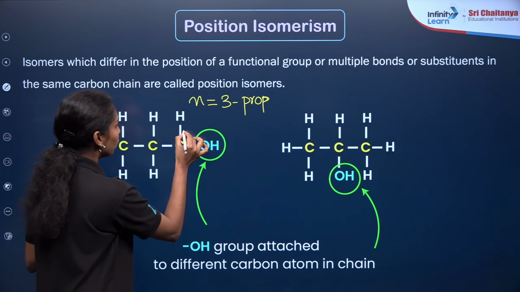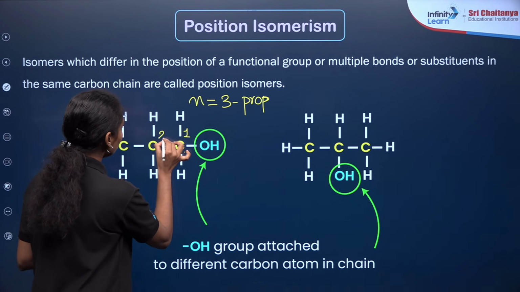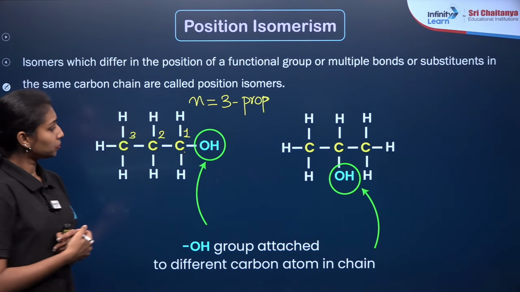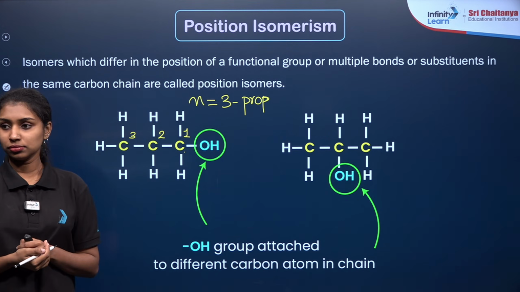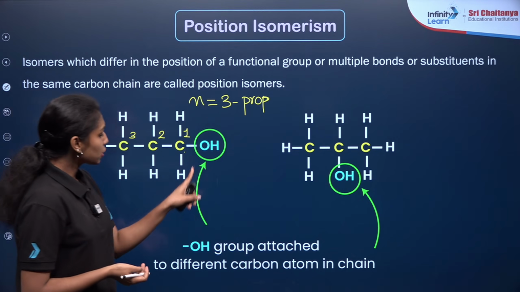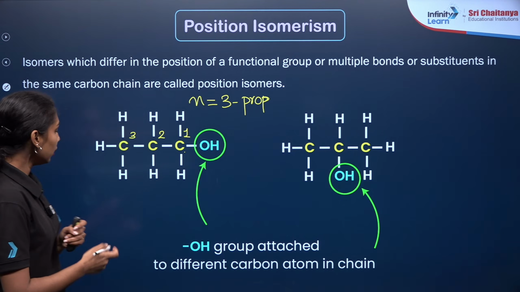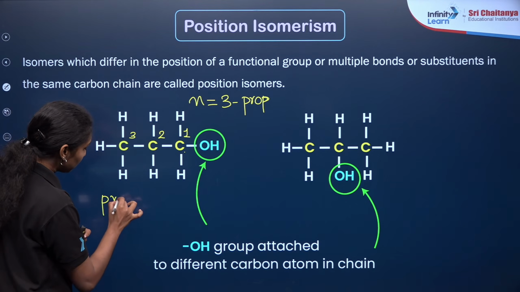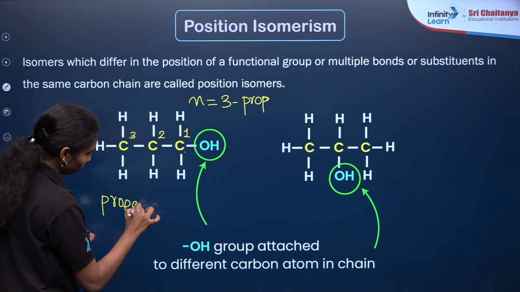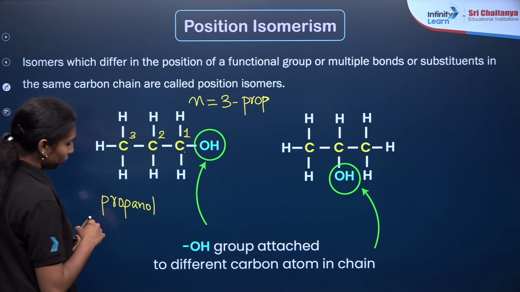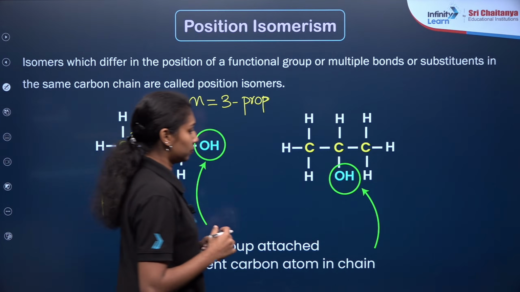So I will start the numbering from here, 1, 2 and 3. The OH group, as we already know, is an alcohol. So the name of this compound will be propan-1-ol or simply propanol. Is that clear?